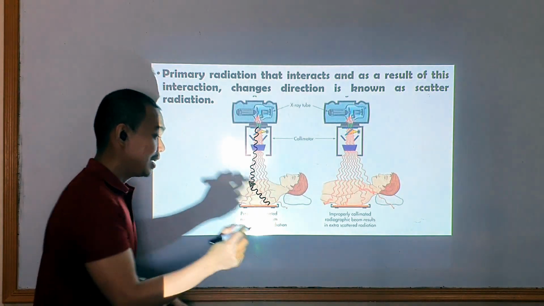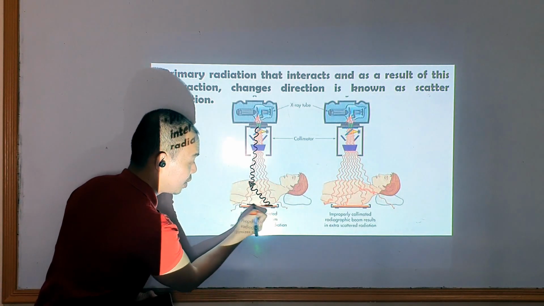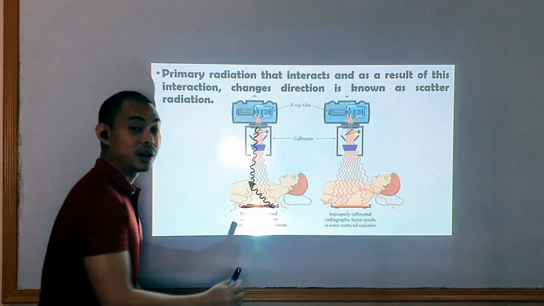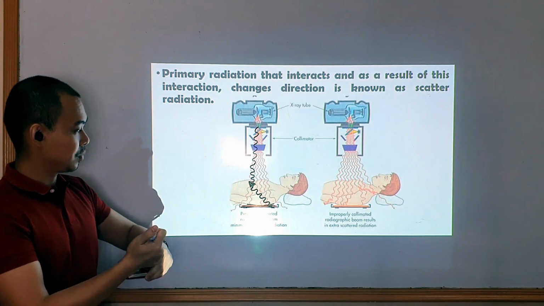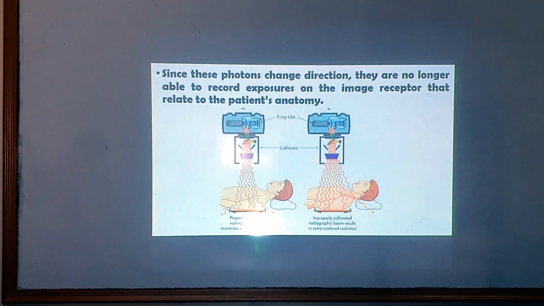But it has sufficient energy to register on your image receptor. Now, since these photons change in direction, they are no longer able to record exposure on the image receptor that relates to the patient's anatomy, like our previous example, which is the liver.